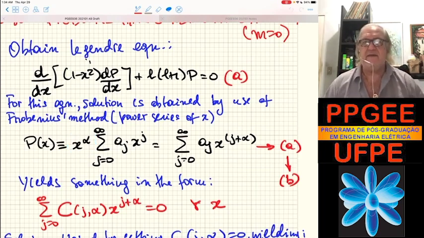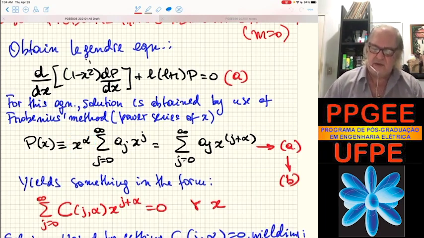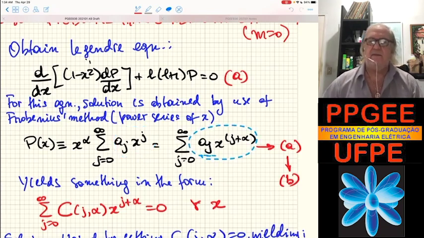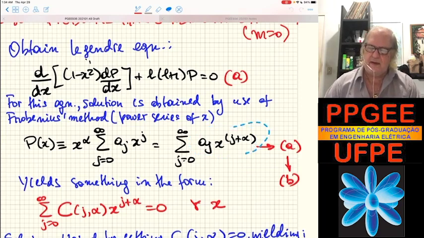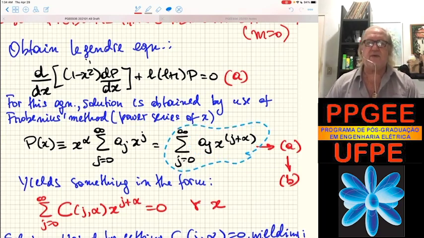Otherwise, the polynomial is going to start at x raised to the alpha power. Okay, so you just plug that inside. You're going to have rewrites like this, and we're going to insert this into the equation and rearrange terms.